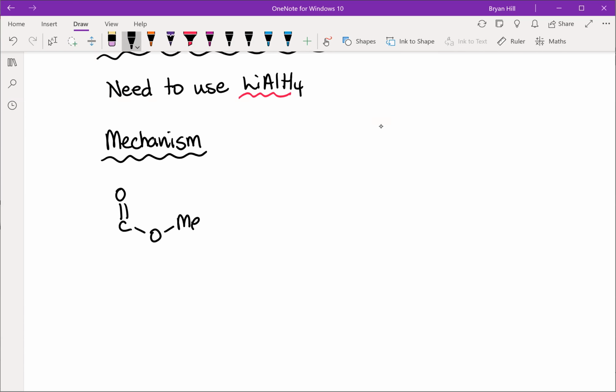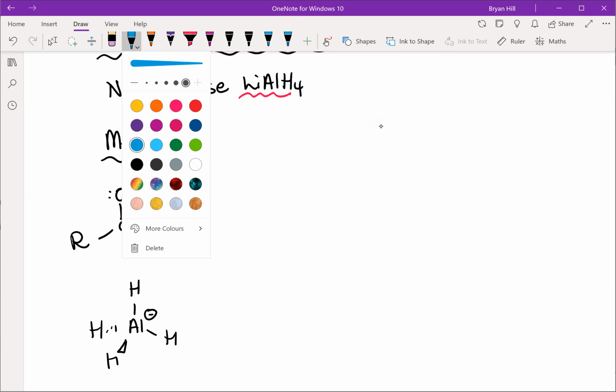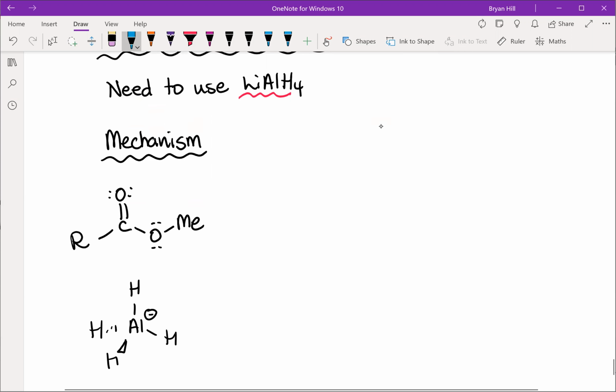We'll do a methyl ester, I guess. Hydride attacks the delta plus, electrons move up.